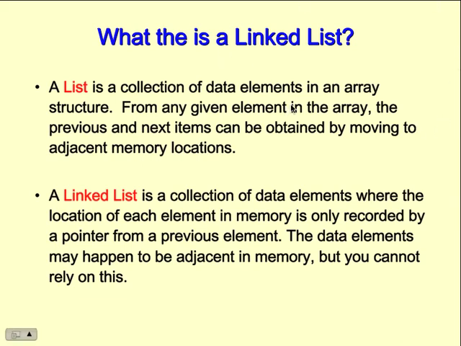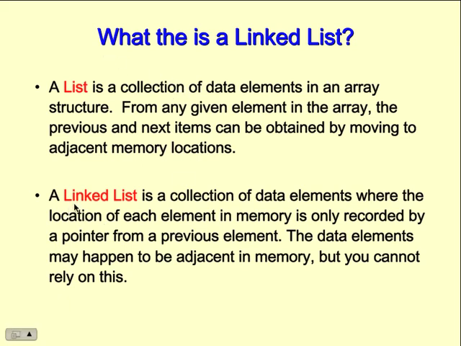So a list is a collection of data elements in an array structure. From any given element in the array, the previous and the next items can be obtained by using the addresses of the adjacent memory locations for each of the other items in the list. As I mentioned before, each node or item in the list knows about its neighbor, and so we ask for its neighbor, and the neighbor knows about its neighbor, and that neighbor knows about its neighbor, and so forth, which is how we link things together.